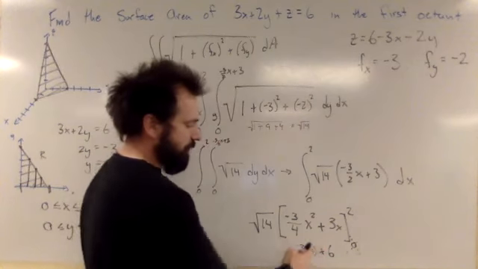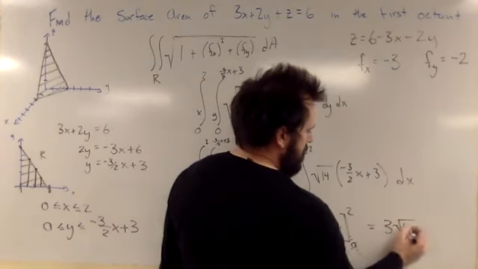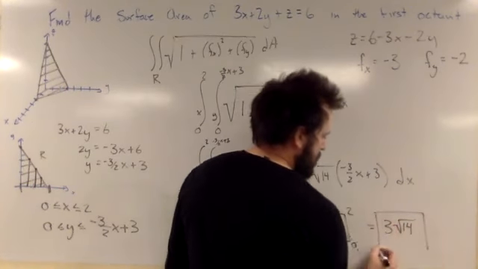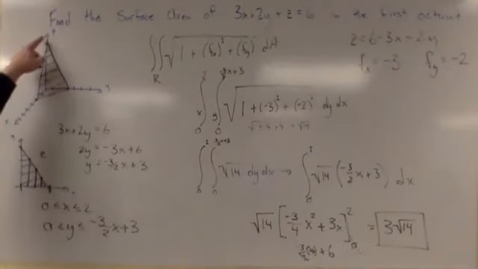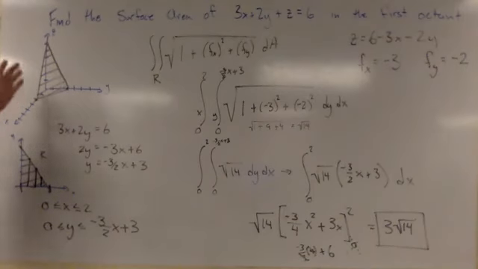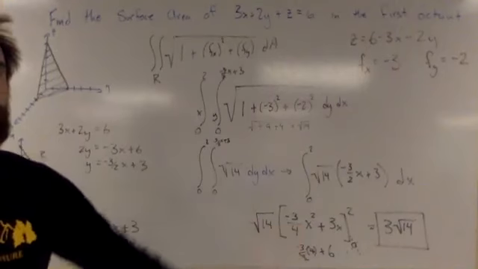Negative 3 plus 6 is 3, so 3 times square root of 14. That tells me the surface area of this triangular surface, this portion of the plane, is 3 square root 14.